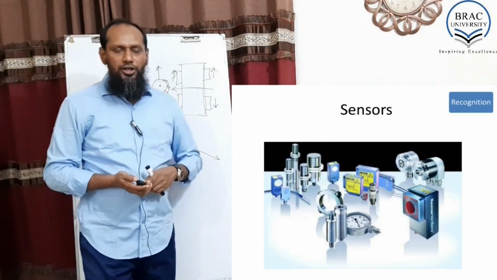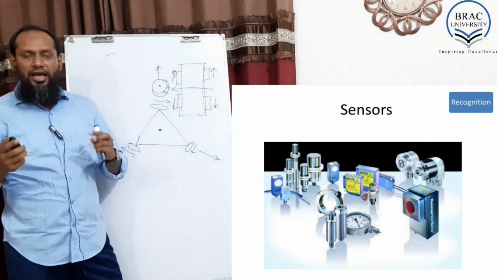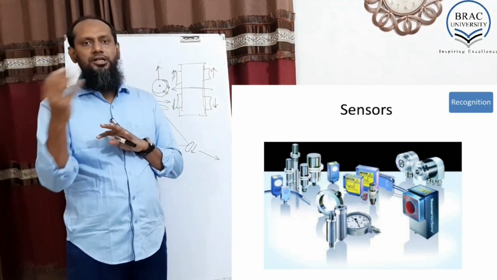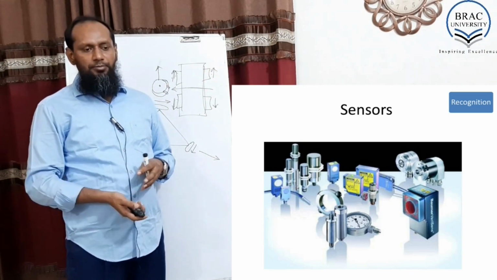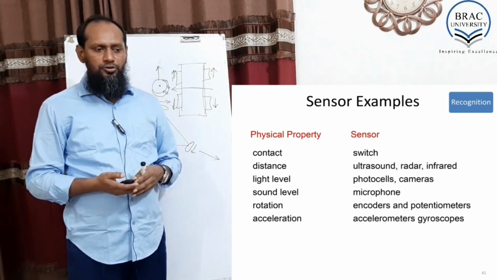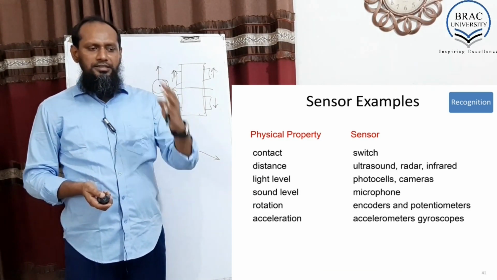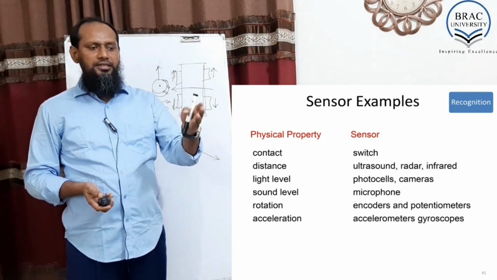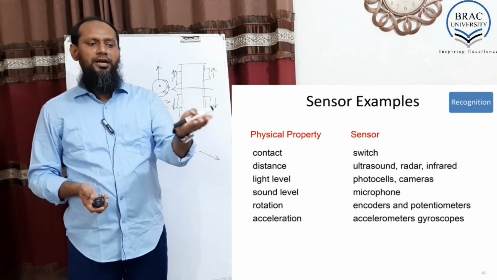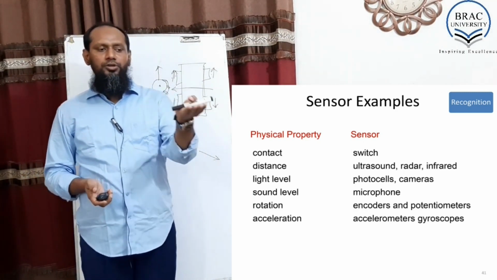Now let us discuss recognition. We'll have another lecture on sensors, but here at a glance I'm going to tell you, for sensing a lot of things like contact, distance, light, sound, we have a number of sensors. For contact, we use a switch.